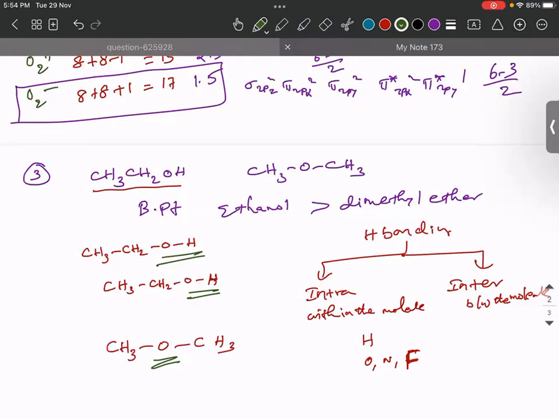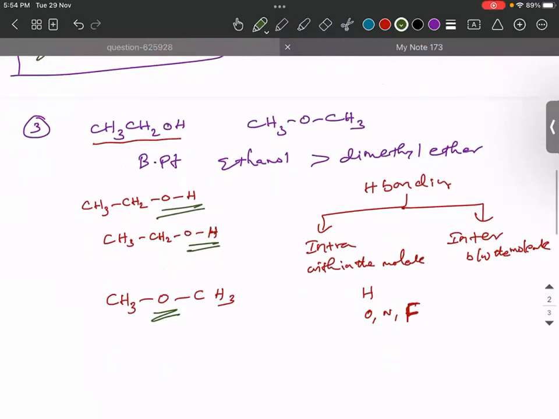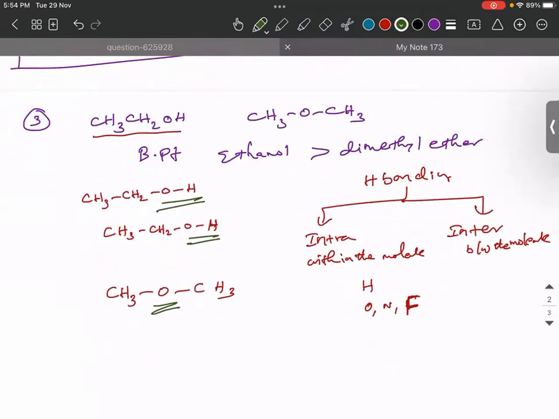Okay, tell me. Why the ethanol or dimethyl ether, which will have the hydrogen bonding? The same question will come in the examination in the plus two.